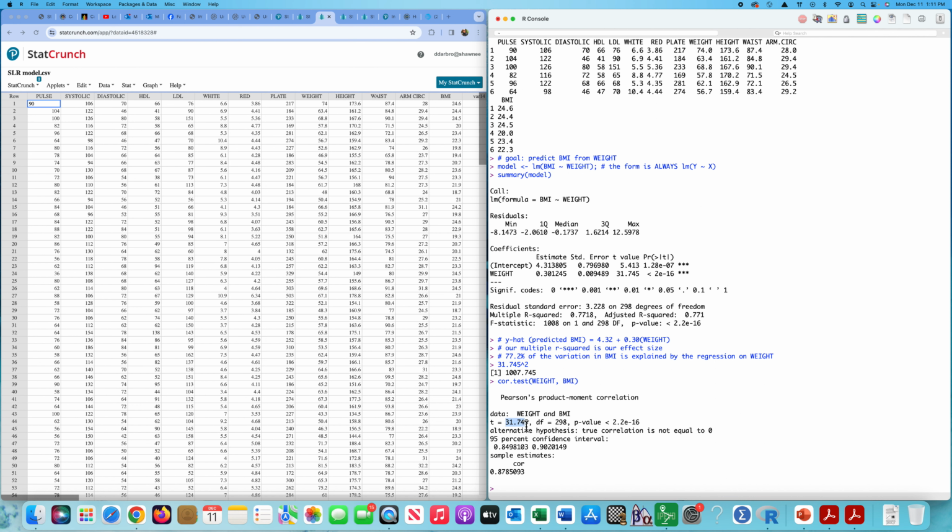Notice the test statistic is exactly the same. Notice the p-value is exactly the same. Notice the degrees of freedom, exactly the same. Now, our confidence interval is different because we have a confidence interval for R and not for weight, which I'll show you how to get in just a second. And this, of course, is R, our sample correlation coefficient.